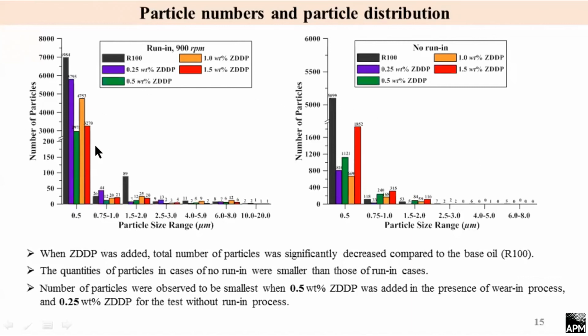Here, when the ZDDP was added to the test, the total number of particles was significantly decreased compared to the test with the base oil. And the quantity of particles in the no running-in case is smaller than in the running-in cases.